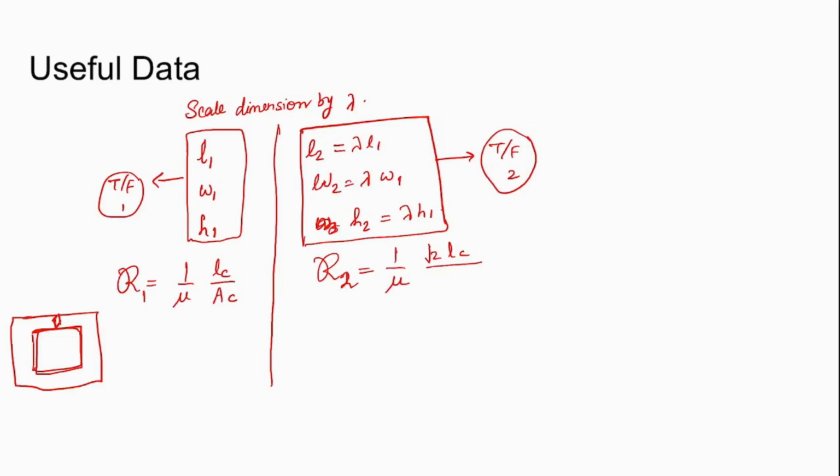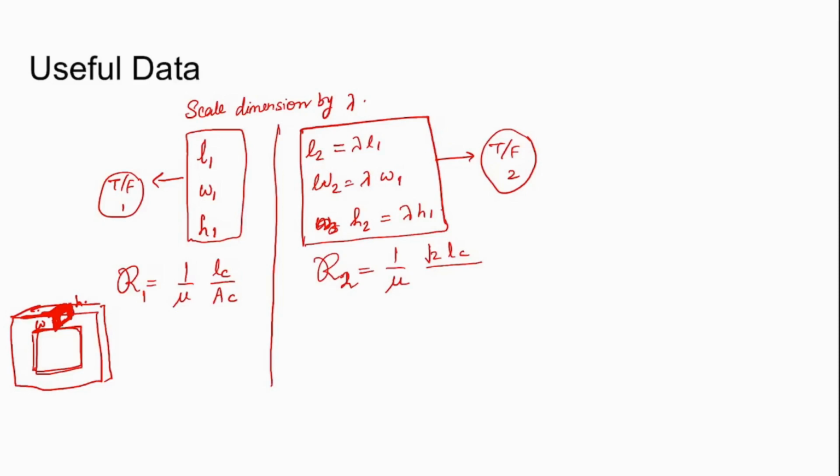You see, this is the area. If you cut this core, you will find this cross-sectional area. What will it be? It will be this length into this length, that is the width into the height.